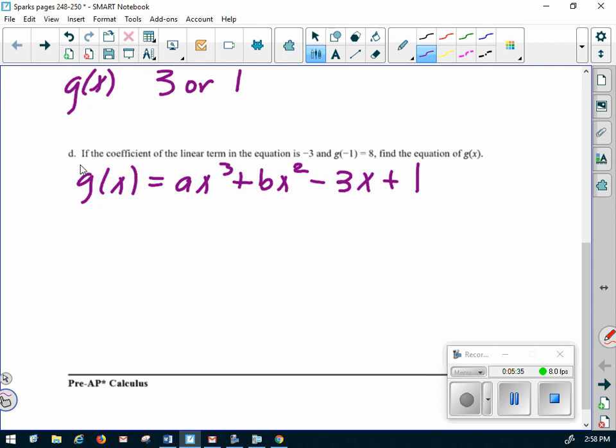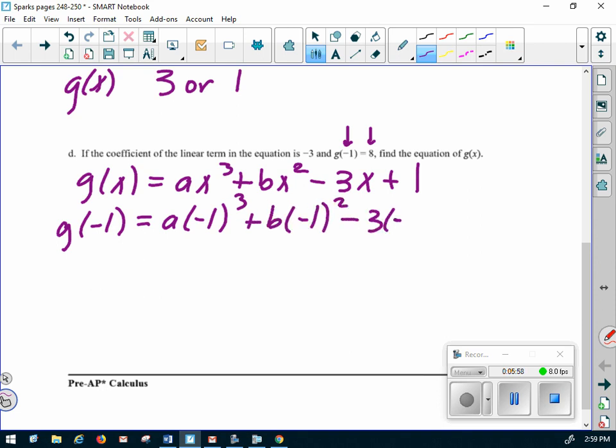Okay, g of -1 is 8. So that means if I substitute in -1, I have to get 8 as the answer. So let's see what that gives us. G of -1 is a times -1 cubed plus b times -1 squared minus 3 times -1 plus 1.